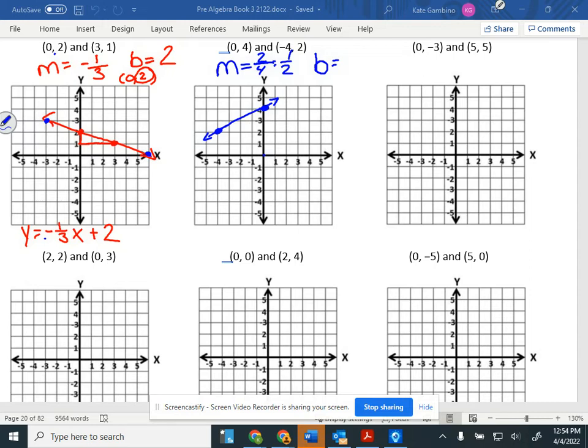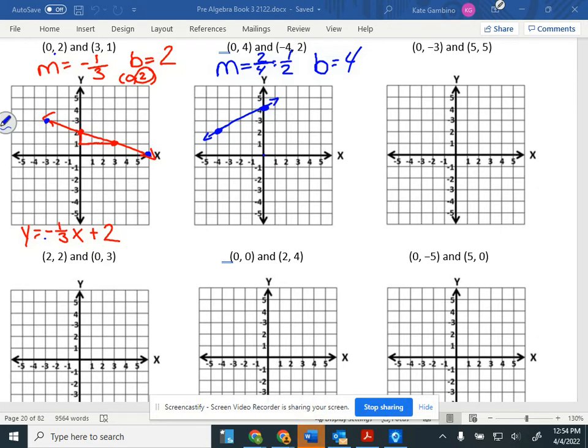What's my next step? Leah? So what is the y-intercept? If we look at where our line crosses the y-axis, it crosses at 4, so our y-intercept is 4. What's my next step? Edward?